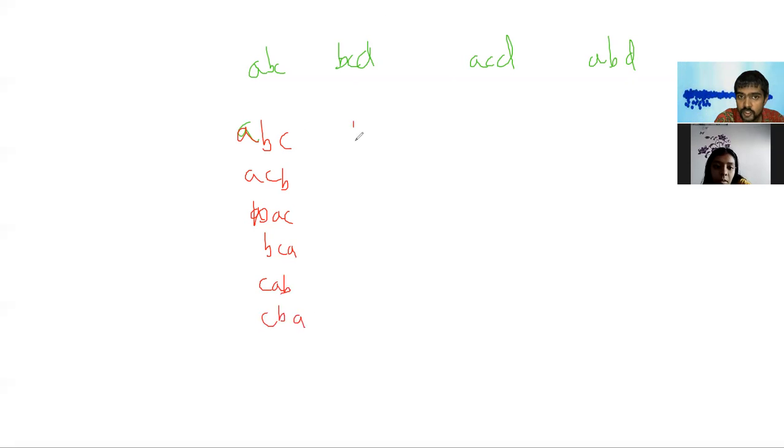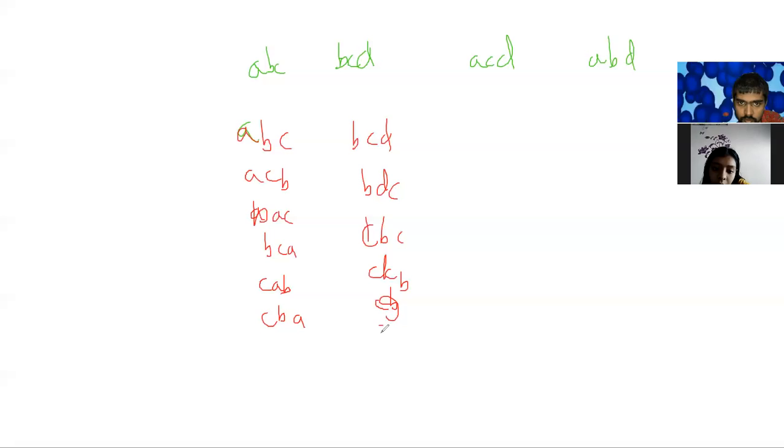6 items. This BCD, in how many ways is it counted? BCD, BDC, CBD, CDB, DBC, DCB. It's counted 6 ways.